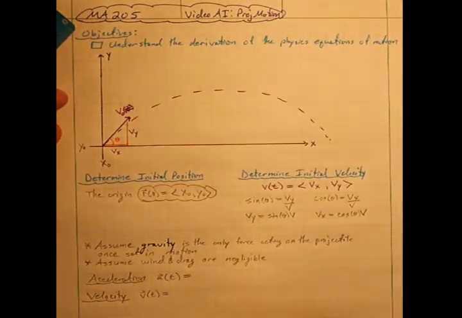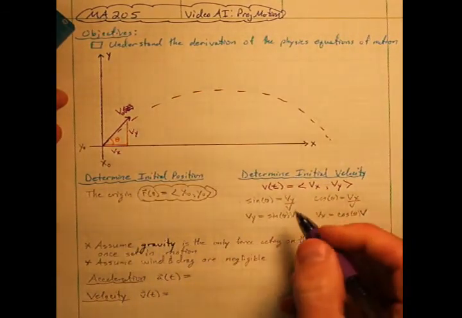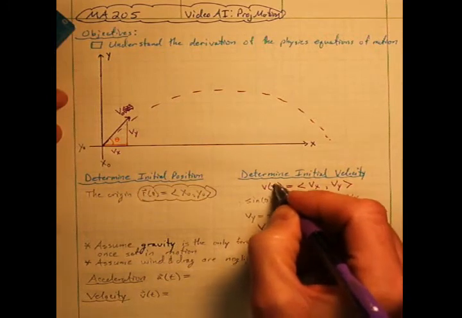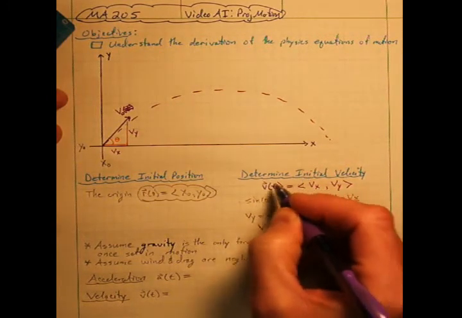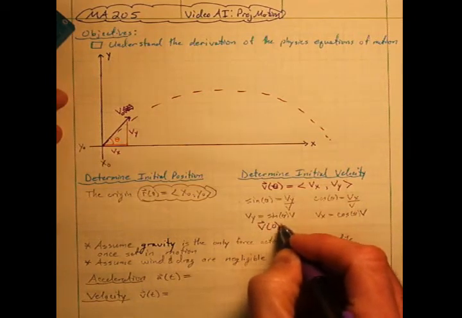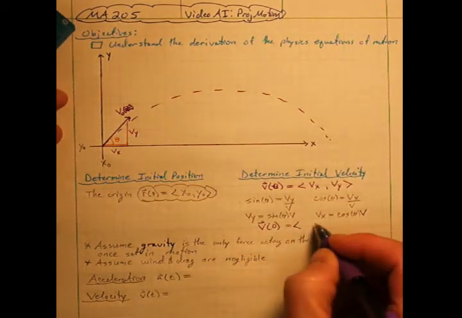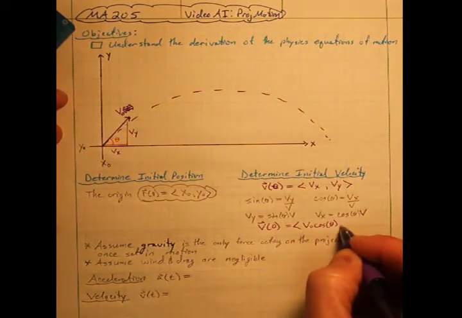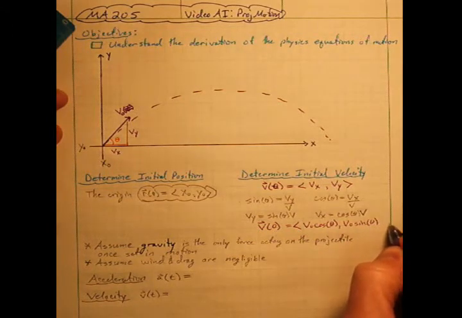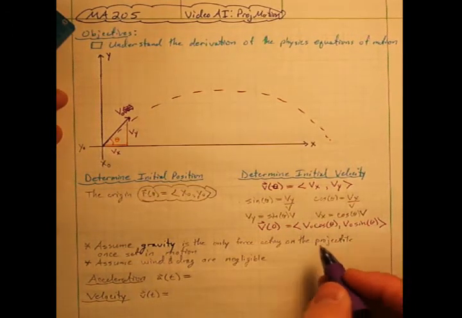This would be my initial velocity. Okay, so therefore, and this should be initial velocity. Okay. The initial velocity at time equals 0 is therefore v naught cosine theta, v naught sine theta. Okay.